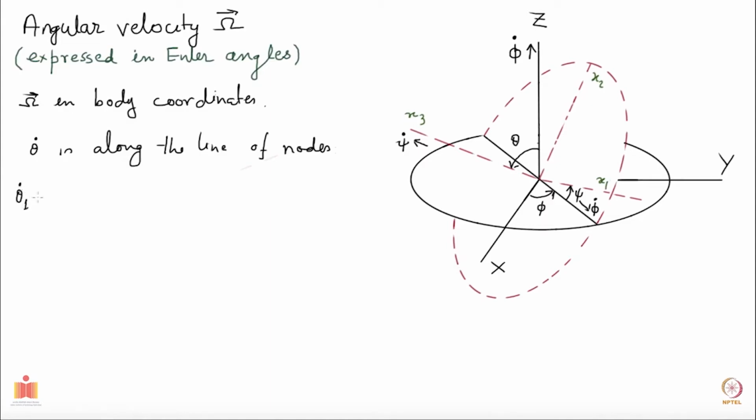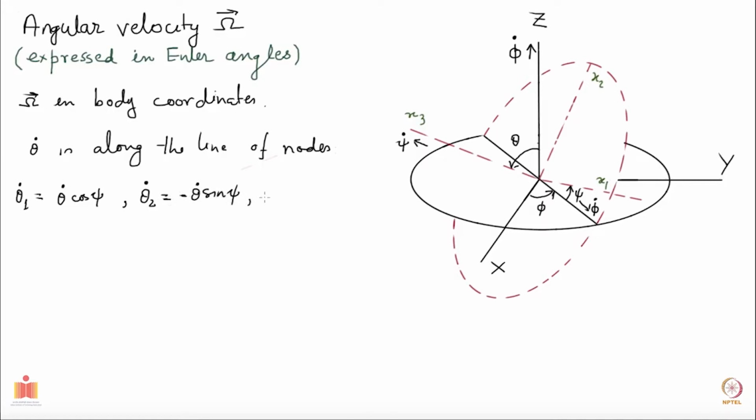Theta 1 dot, so this is theta dot component 1. Let's see, where is x1? It's here, so I have to project theta dot along this, and it will just become theta dot cos psi. Theta dot is the magnitude of this vector, and you decompose it, so you get cos psi, and for theta 2 dot you get minus theta dot sin psi.